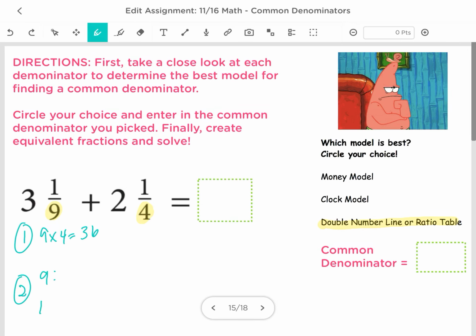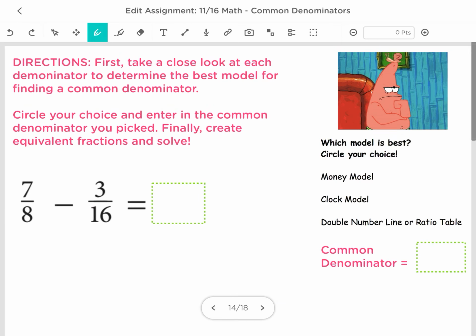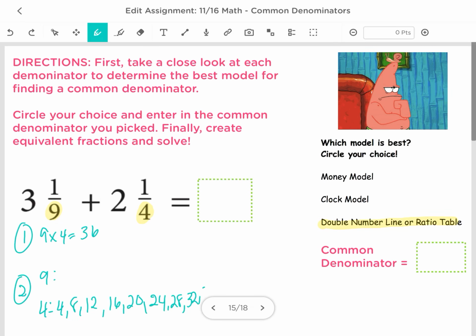Let's check my multiples to make sure there isn't any one smaller here. Remember, I'm just adding 4 every time. Same thing with 9.